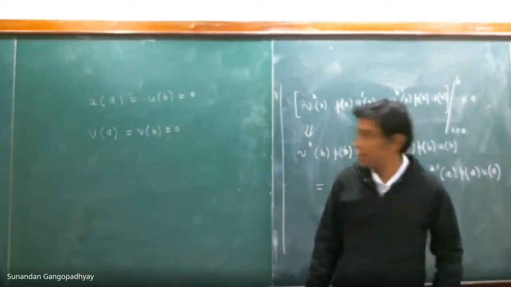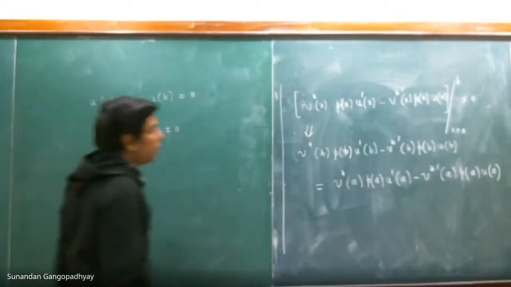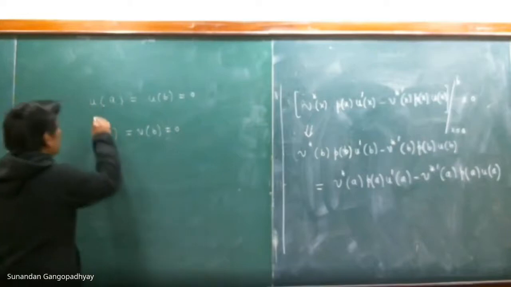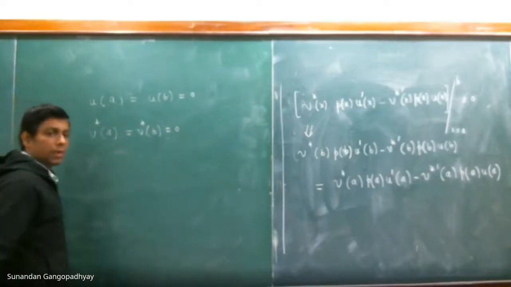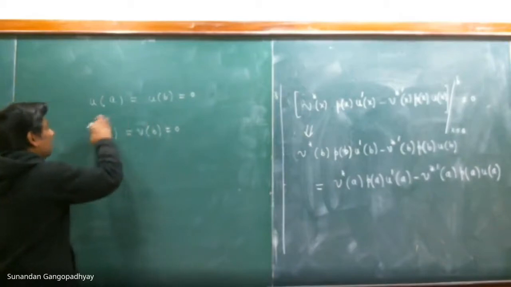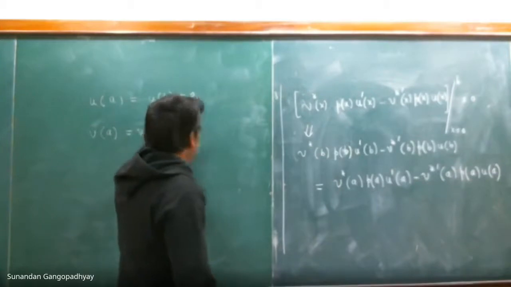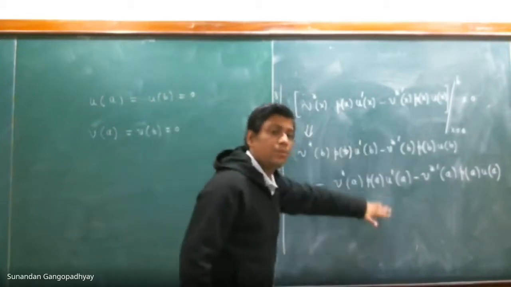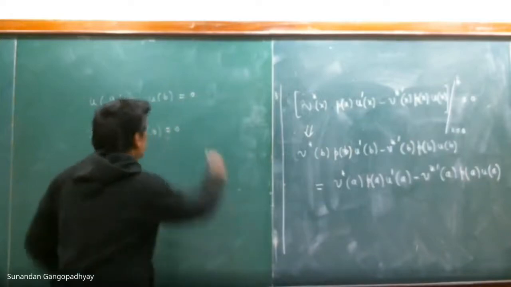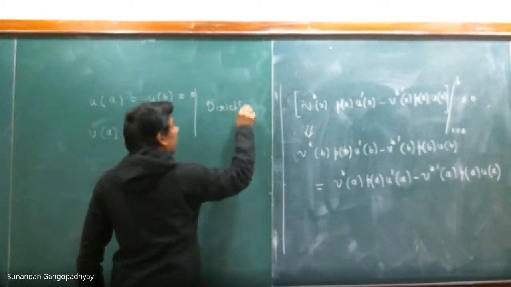If v(a) is equal to v(b) is equal to 0, then it also means that v star is 0, and similarly for u star. Then this condition is trivially satisfied. Therefore, this is a legitimate boundary condition, and it is called the Dirichlet boundary condition.